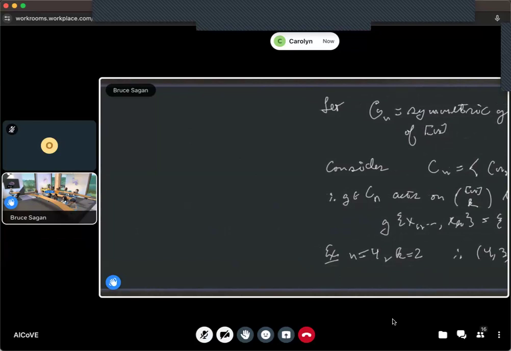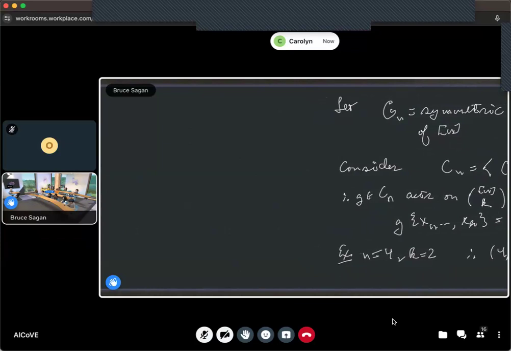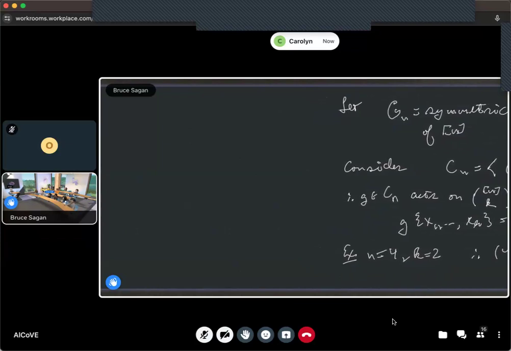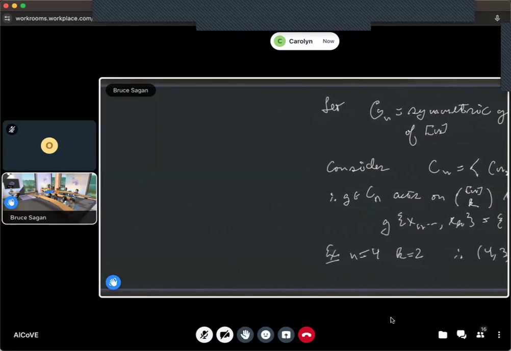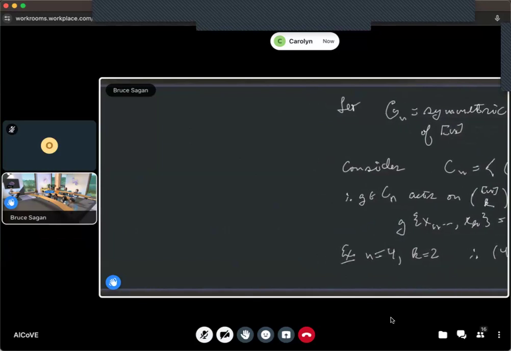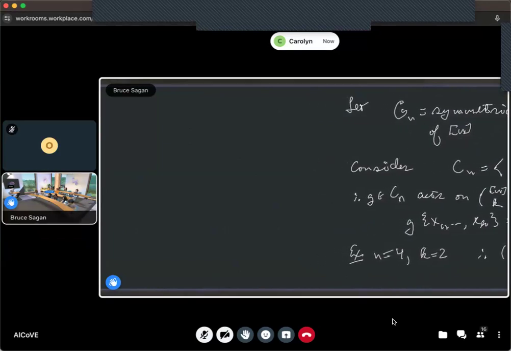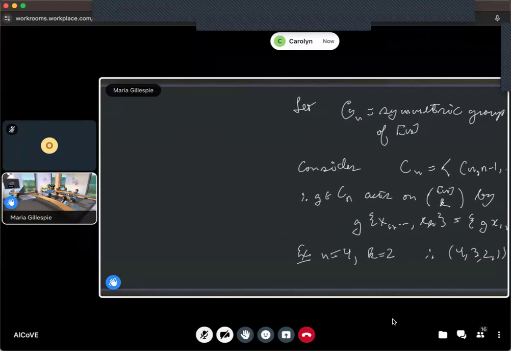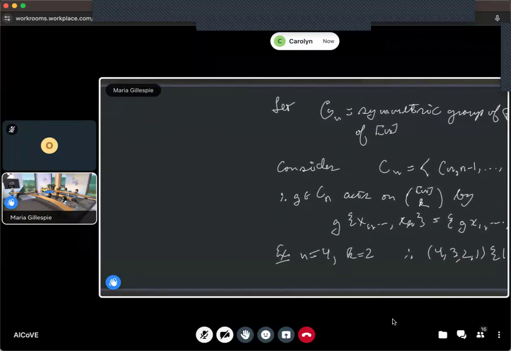Yes, I see the right number of fingers up from Robbie, 4. And what does the 4 get sent to? 3, right? So it sends that to the set 4, 3. But compare this with what rotation does.